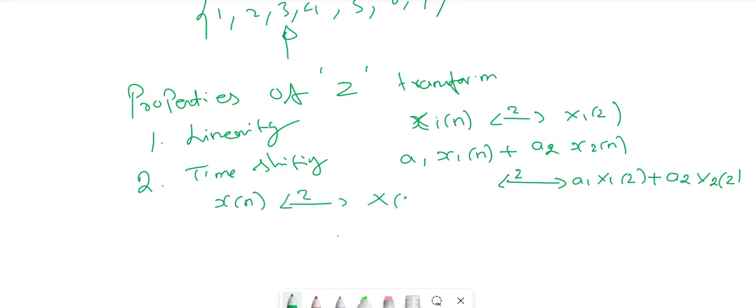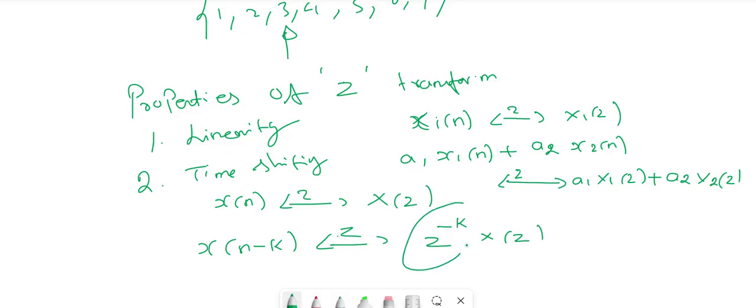Similarly, for the time shifting property, for example, x of n has Z transform x of z, and x of n minus k, the version delayed by k samples, can be written as z power minus k into x of z. This is the unit delay element. Unit delay means z inverse.